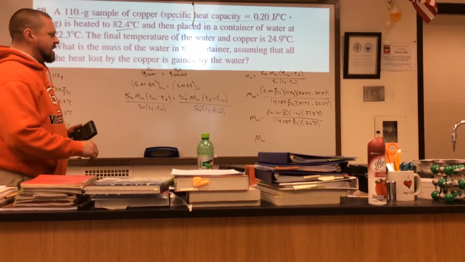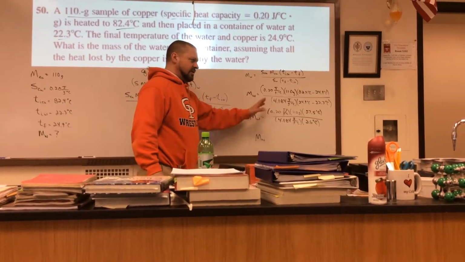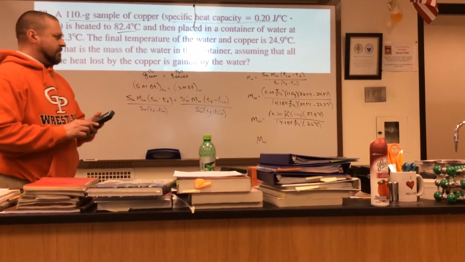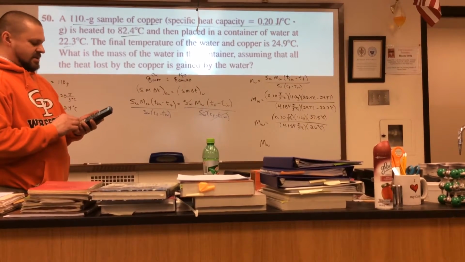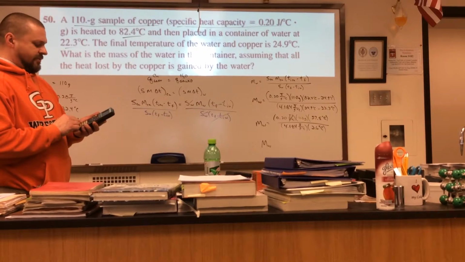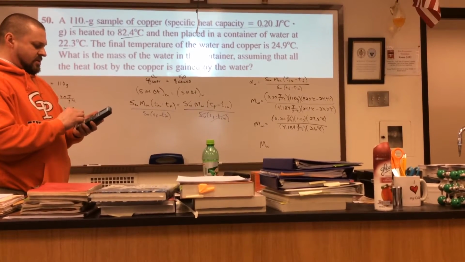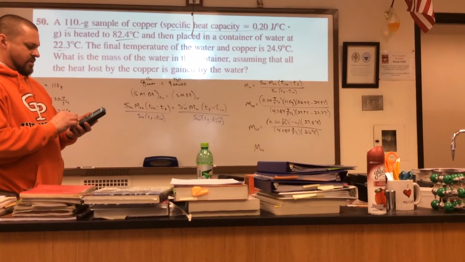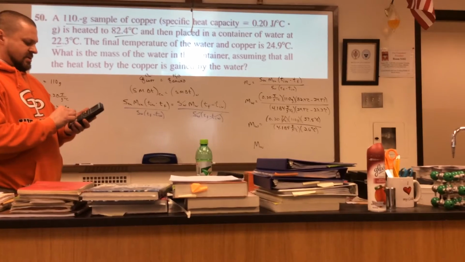So I notice some guys still stopping, calculating this, writing it down, stopping, calculating, writing this down, and then doing it again. Not a very precise way to do it. Just type in 0.2 times 110 times 57.5 divided by 4.184. Get that answer, divide that by 2.6.